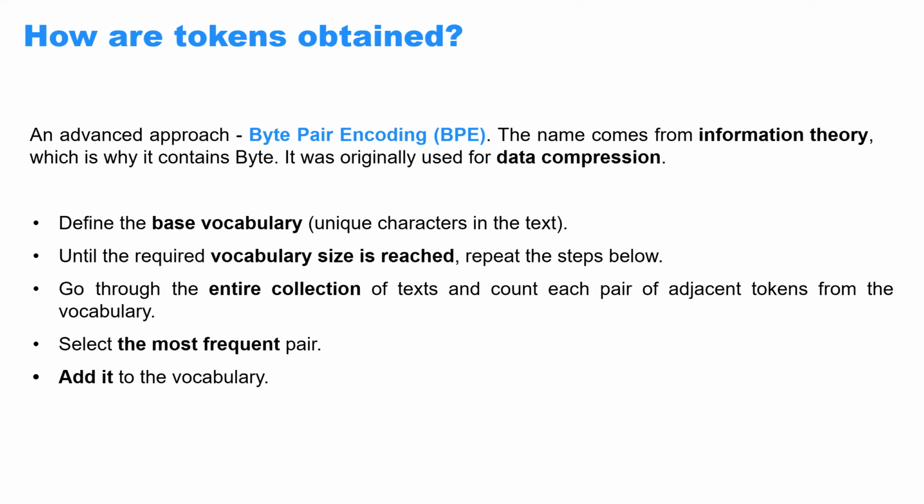Usually, it's just the unique characters in the text. Until the required vocabulary size is reached, we repeat several steps. We go through the entire collection of text and count each pair of adjacent tokens from the vocabulary. Then we select the most frequent pair and add it to the vocabulary.